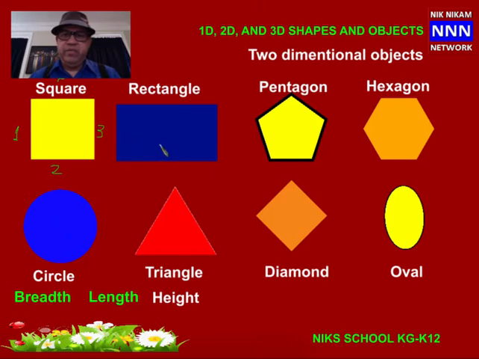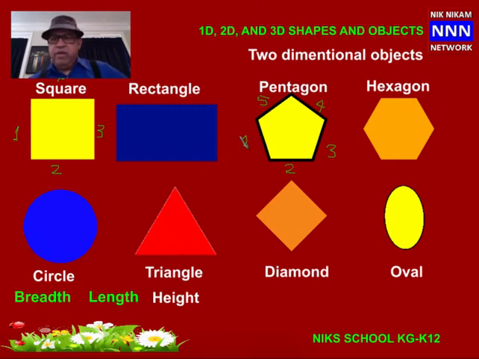This one also has 4 sides, whereas this object has, look at that, 1, 2, 3, 4, 5. So this one has 5 sides.